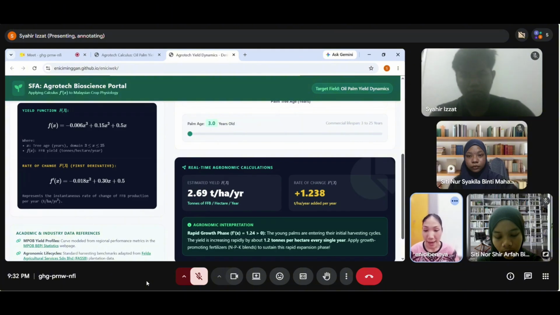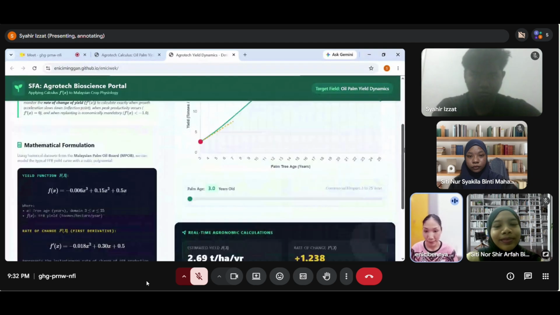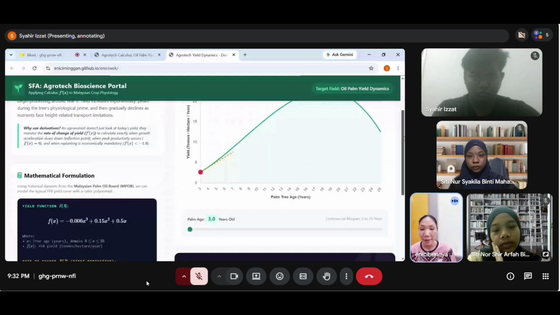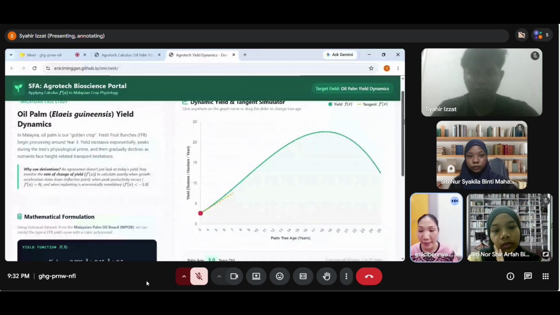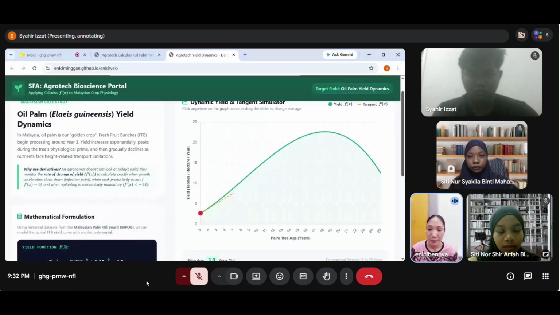If f prime of x is less than 0, it starts to drop and the tree is becoming less productive. And the last, if f prime of x is less than negative 1.0, it is dropping too fast. This is the exact time we must replant. All this information is available because it comes from official records and real plantation data.